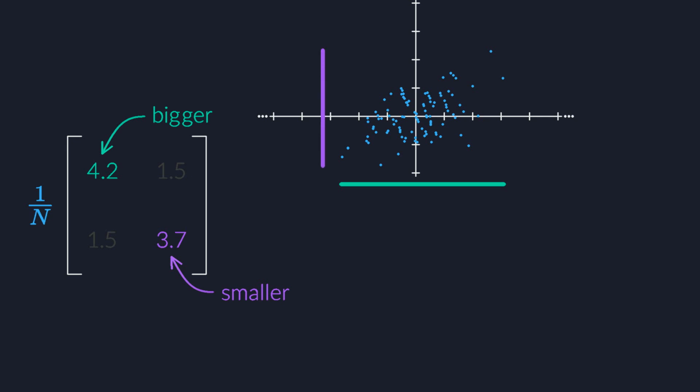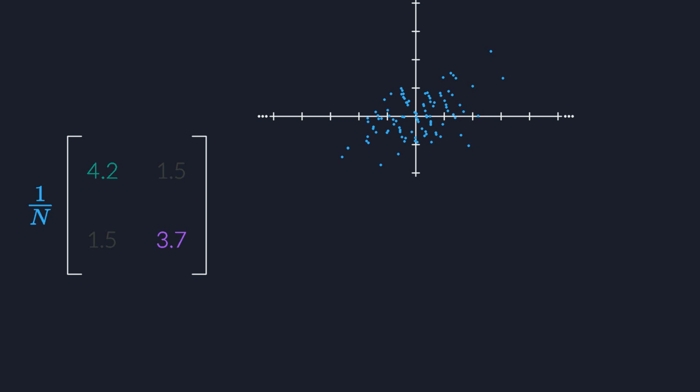This tells us in which direction the ellipse is more pronounced and spread out, and in which direction it's more flat. When you take the trace of this matrix, you add up all the diagonal elements to obtain the total variance across all measurements. So, just like in an earlier video, the trace can be interpreted as the total amount of self-interaction.